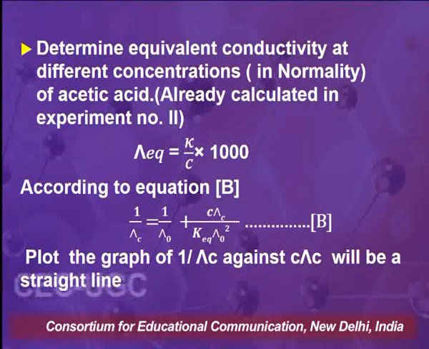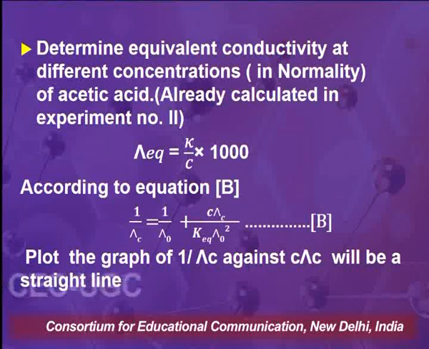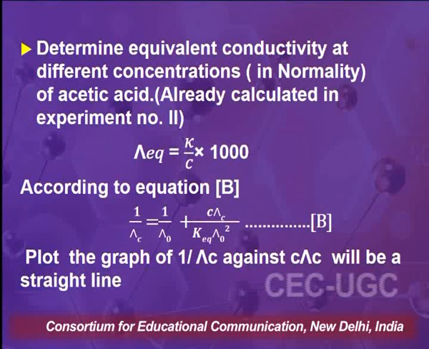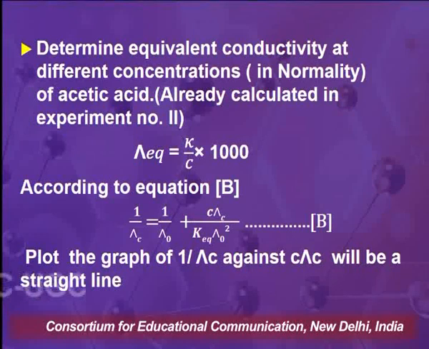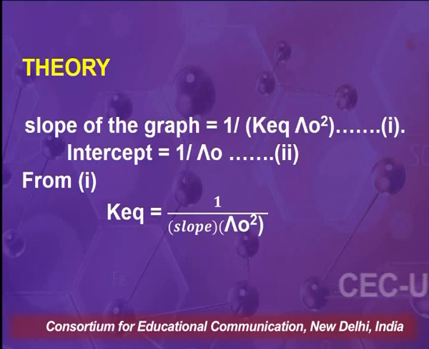According to equation B, which we have discussed earlier, 1 by lambda C equals 1 by lambda naught plus C lambda C by K equilibrium into lambda naught square. So, if we plot 1 by lambda C against C lambda C, we will get a straight line, and the slope and intercept can be calculated.